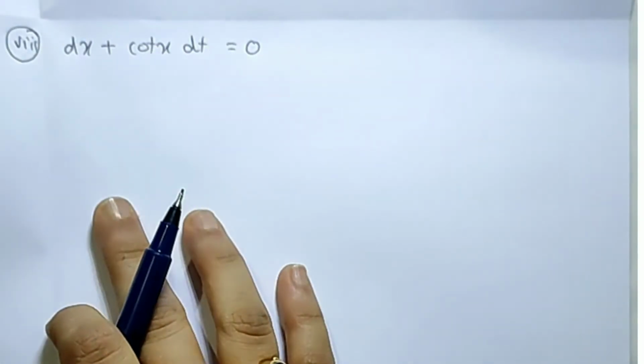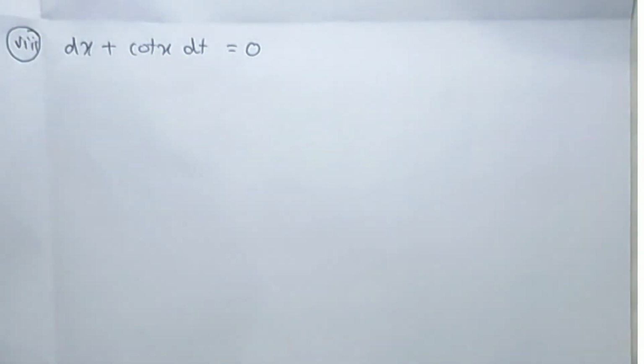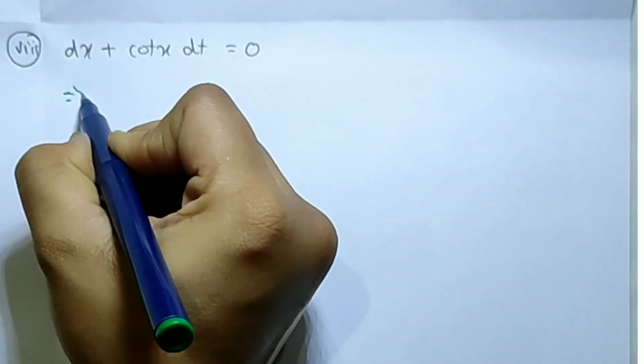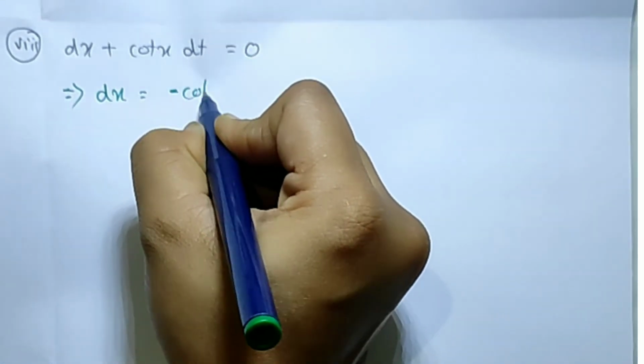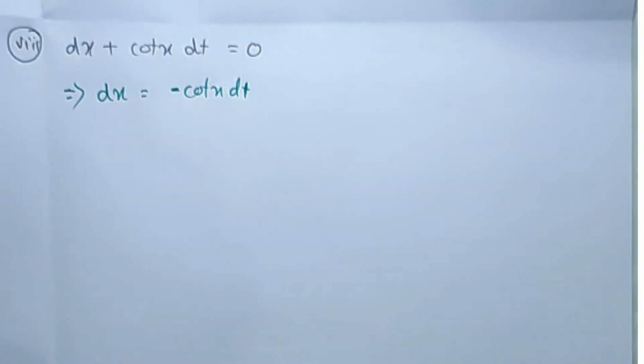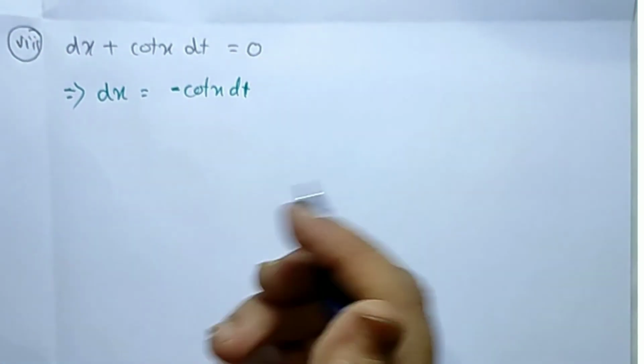Moving on, this is the last bit of our question number 4. This implies dx is equal to minus of cot x dt. So now we can change the variable: one side is one variable, another side is another variable.